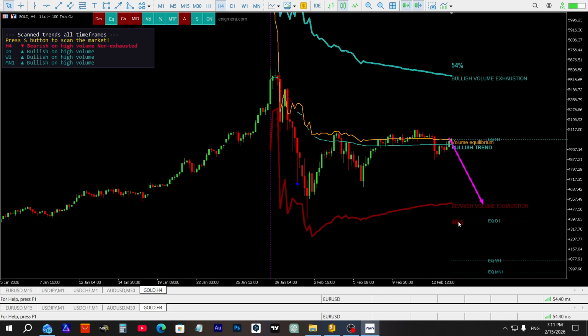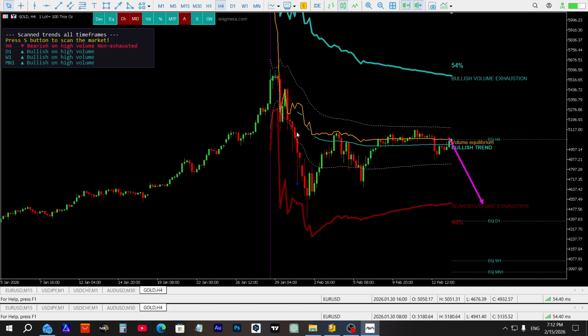The next higher time frame, this is the daily, and the liquidity of the daily is below my bearish volume exhaustion, so no problem for the market to drop from this equilibrium to bearish volume exhaustion. In this respect, this is excellent setup for me.